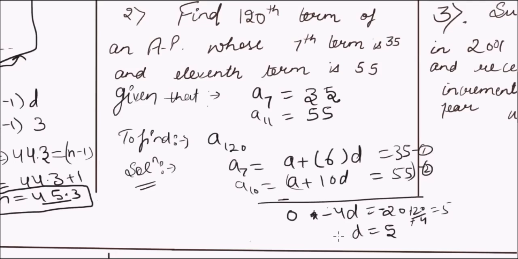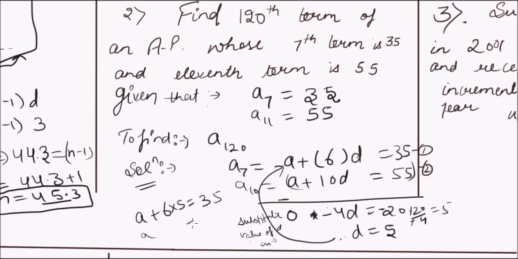Now in linear pair, what we do? If we have found out one variable, we substitute its value in the given equation to find the other variable. Thus substitute d in first equation, we get a plus 6 into 5 equals 35, which gives us a equals 35 minus 30, that is a equals 5.